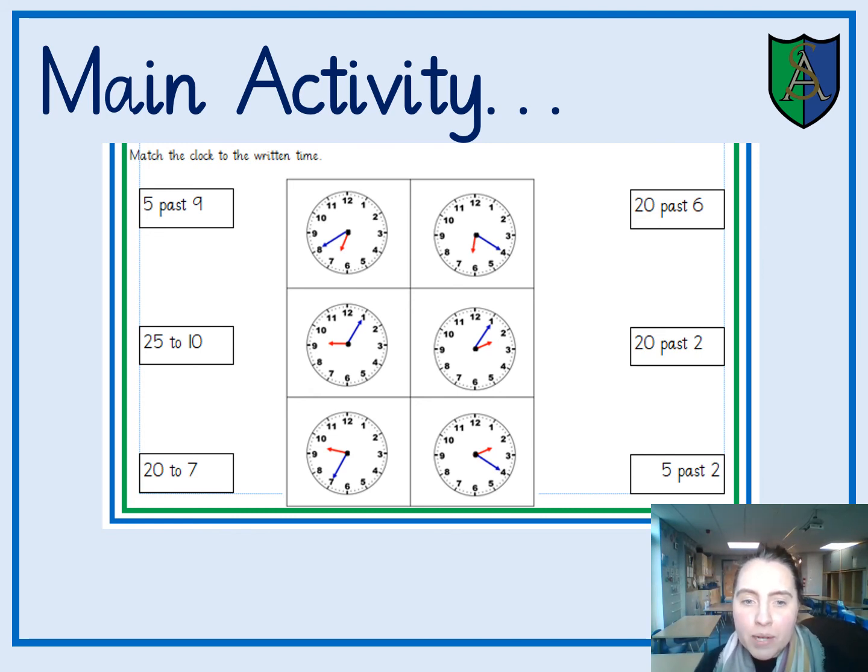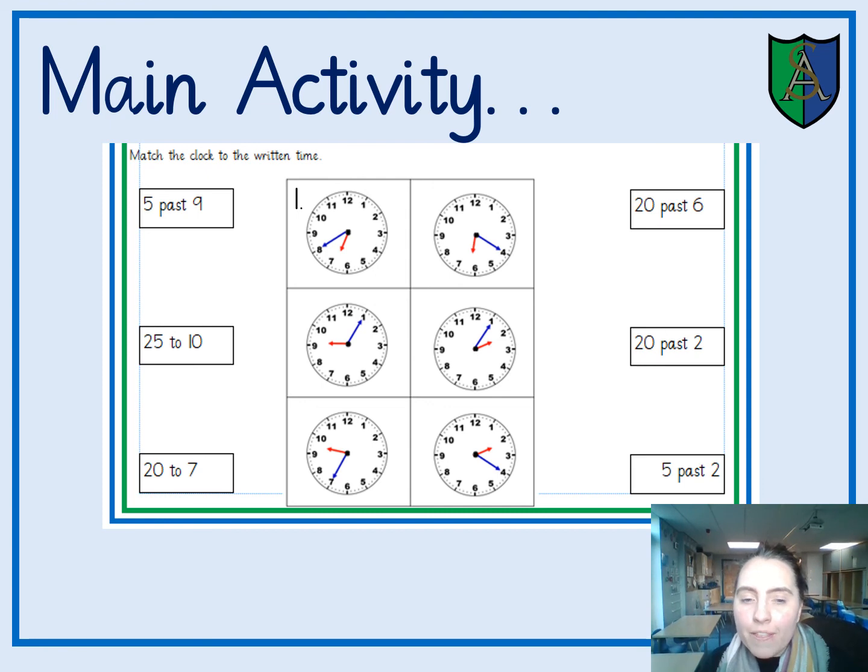So for example, I'm looking at the first one here, and I can see, I'll just draw the first one there, I can see that the minute hand is pointing towards the 8, so I know it's on the to side of the clock. So I'm going to count how many minutes to the next hour there are. So there are 5, 10, 15, 20 minutes to the next hour, and I can see that this red hand, the hour hand, is pointing towards the 7.